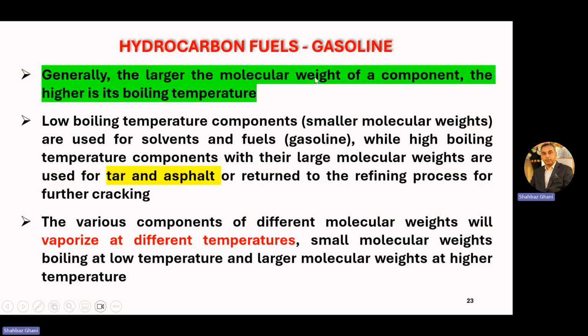Generally, the larger the molecular weight of the component, the higher its boiling temperature. An oil having a component of large molecular weight will have a higher boiling temperature.